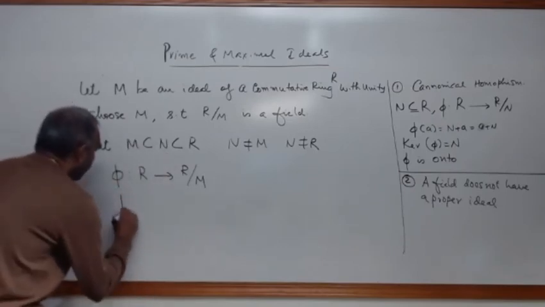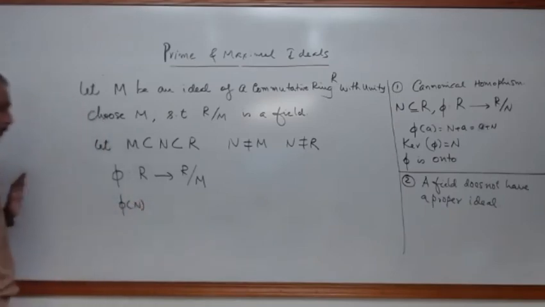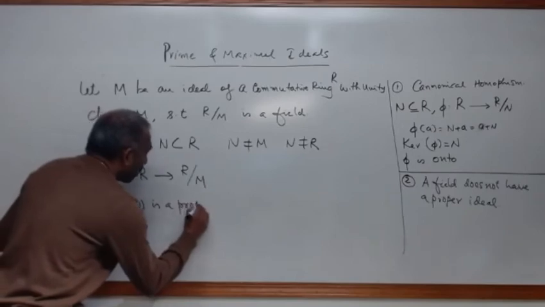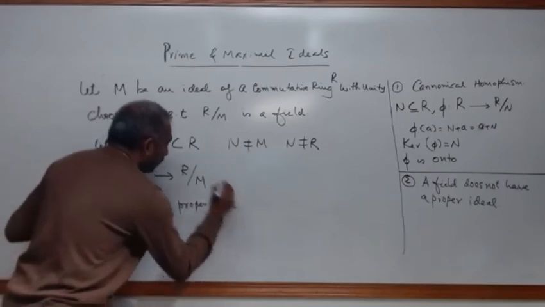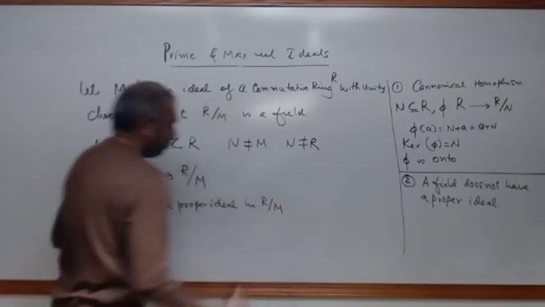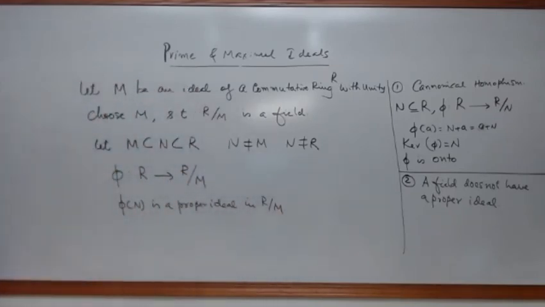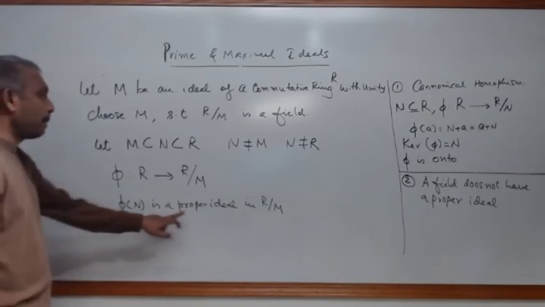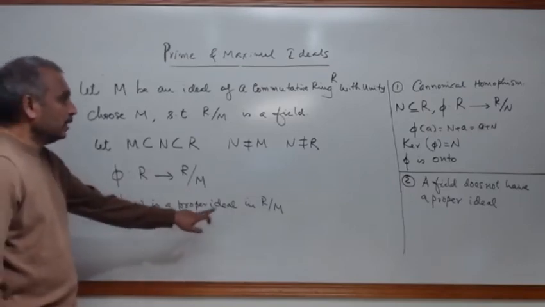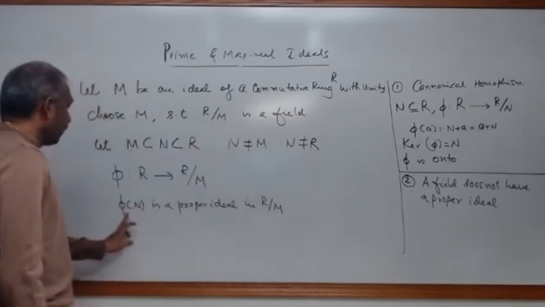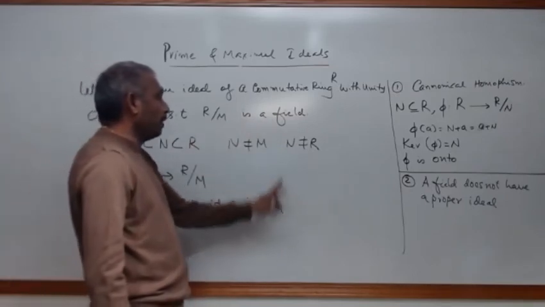So phi of N is a proper ideal in R over M. This should not happen. If this happens, then R by M cannot be a field because phi of N is a proper ideal of R over M.